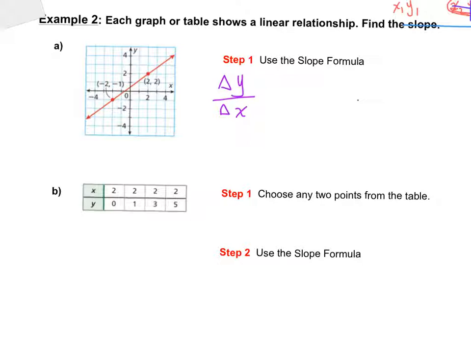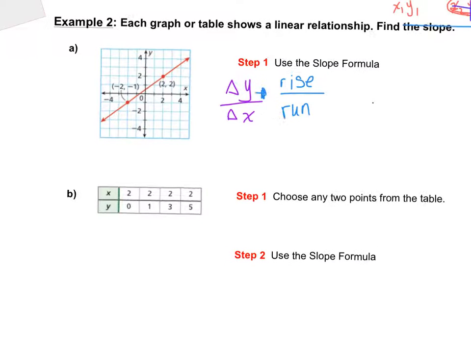It's how much you're changing vertically, because that's what the y value represents, the up and down movement. The numerator is the vertical movement, which is what we refer to as the rise, and the denominator is the horizontal movement, which we refer to as the run. They want me to use the slope formula.